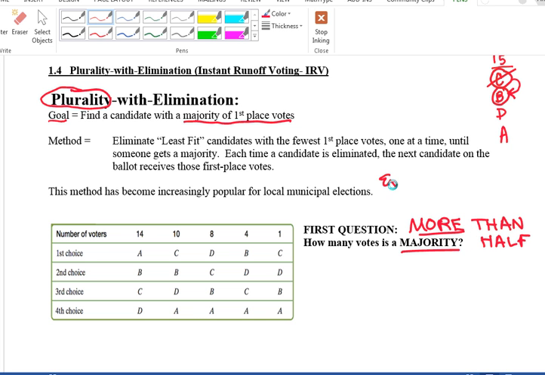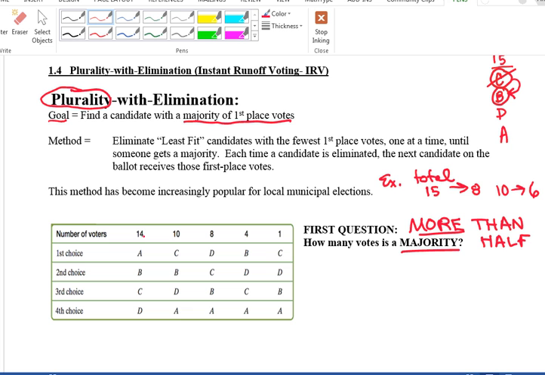So for example, if your total is 15, then half of that is 7.5, so the majority would be 8. And if your total was 10, then half is 5, so your majority would be 6.